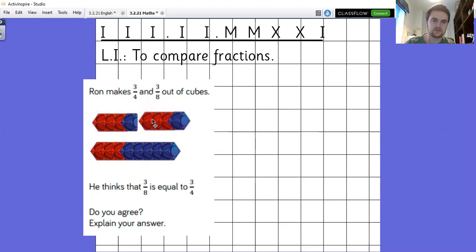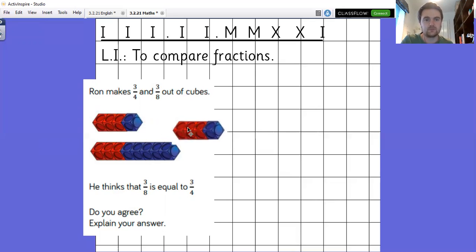And if we do that, you can see that suddenly 3/4 is 6 red cubes there compared to 3 red cubes out of 8. So we need to be very careful when we're looking at this, that the whole is the same size. In the same way that if you ordered 2 pizzas, one was a small and one was a large, 3/8 of a small pizza might be different to 3/4 of a large pizza.